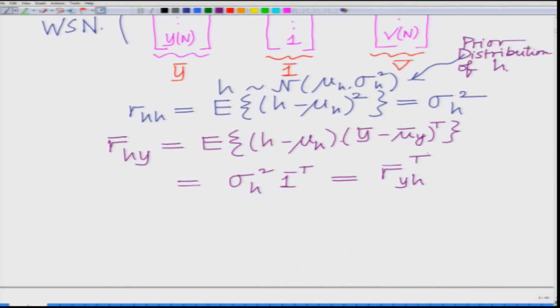You can also see this is r bar y h transpose, because r bar y h is the expected value of y minus mu bar y into h minus mu h. This quantity r bar h y is nothing but the transpose of r bar y h.